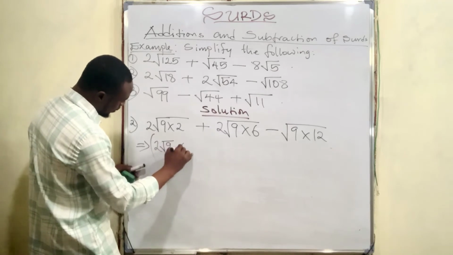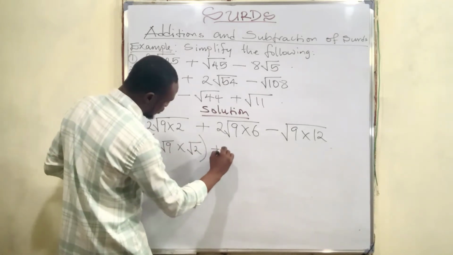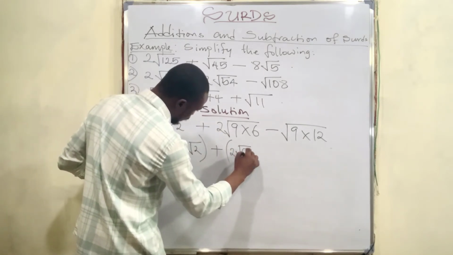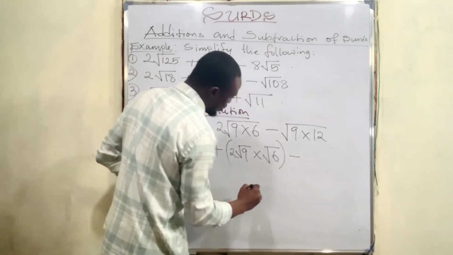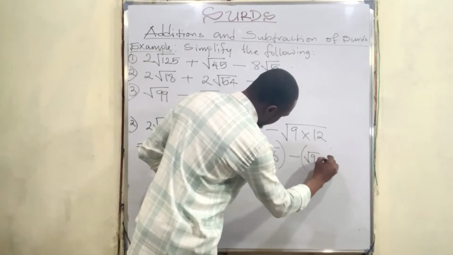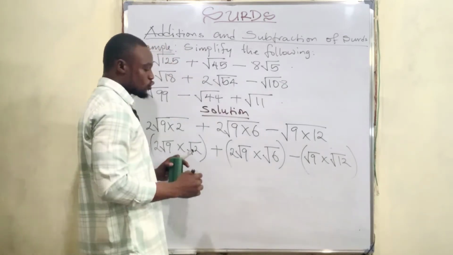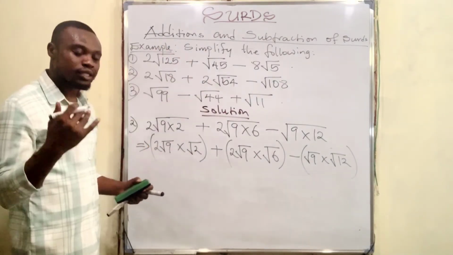We have the root of 9 times the root of 2, close bracket, plus also this in bracket, 2 the root of 9 times the root of 6, close bracket, minus also this in bracket, the root of 9 times the root of what? 12. Now mind you, the root of 12, 4 times 3, so that root 4 is 2.